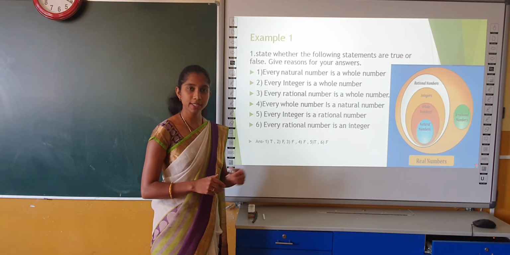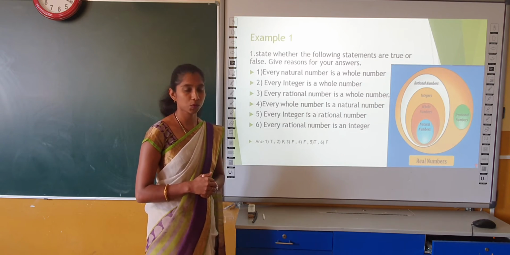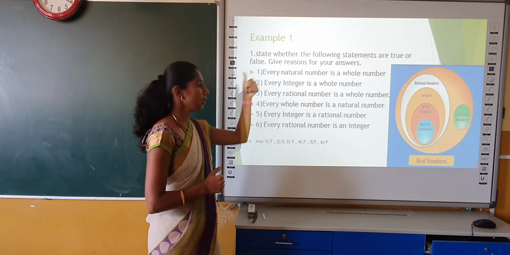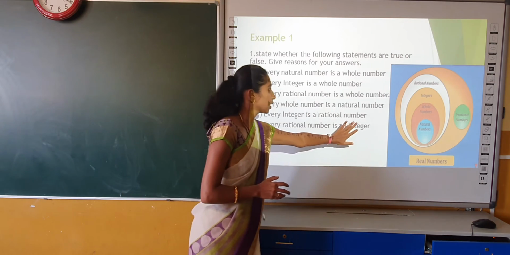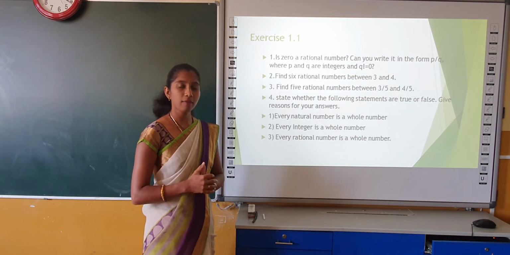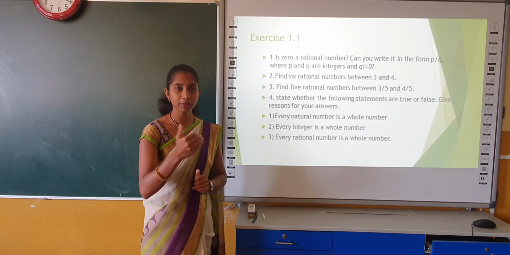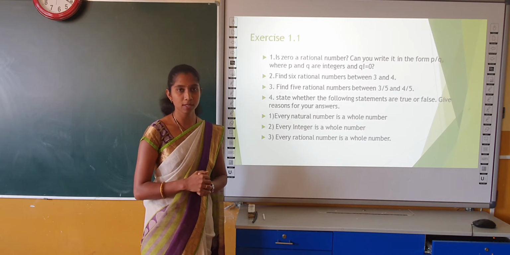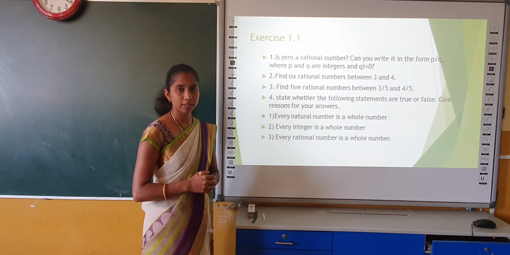That statement is false. You can give the example also. This is about the first example of our first chapter. Next, as you have understood all the concepts about different types of numbers, we shall move on to the exercise problems themselves.